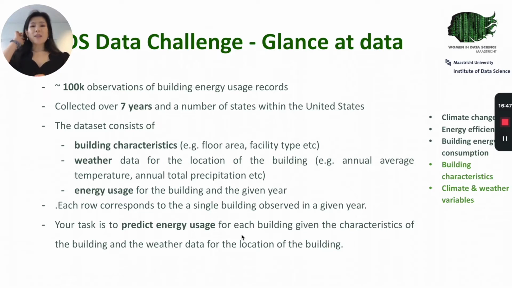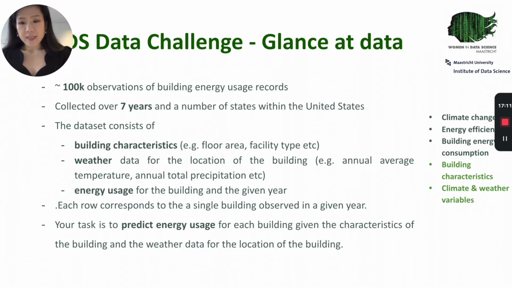So let's have a glance at the data first. The data set consists of around 100K observations of building energy usage records, and the data is collected over 7 years. So you will get 6 years for the training, and then you predict the 7th year. And the data is from the US.